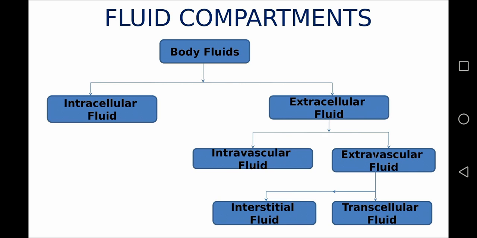The electrolytes inside the cells are sodium, potassium, chloride, bicarbonate, calcium, phosphate, magnesium, copper, zinc, iron, manganese, chromium, etc.